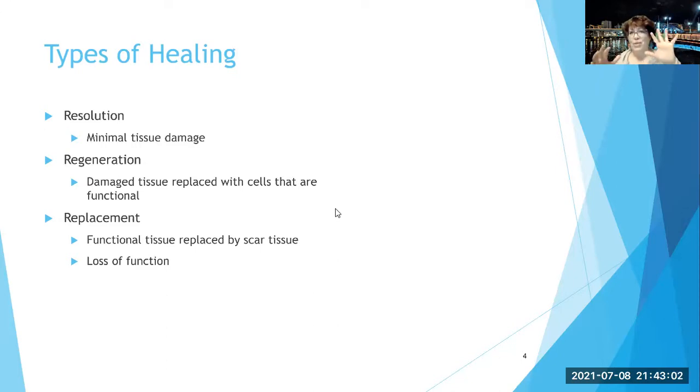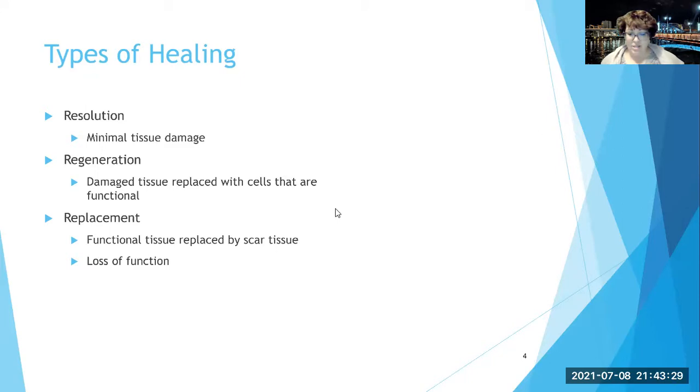Ow, it hurts, you have a wound, but there's minimal tissue damage, and within a few days or a short period of time, it returns to normal and there's no scarring or anything. The tissue returns, the damaged cells recover. The example they give in the book is a mild sunburn. So you don't have permanent damage from it.